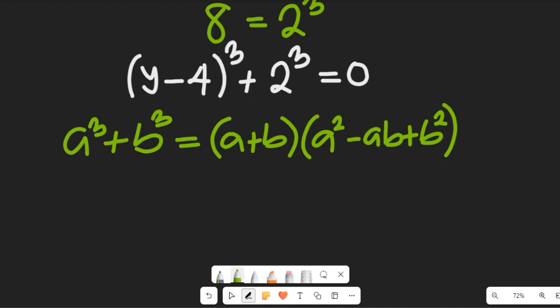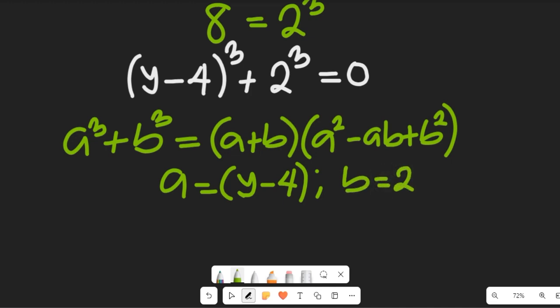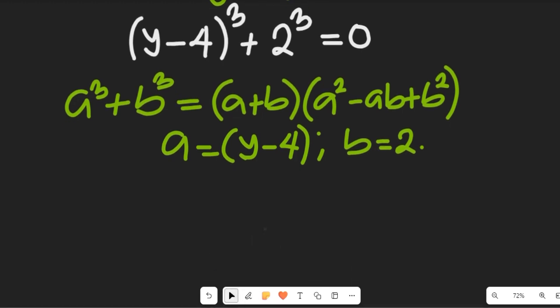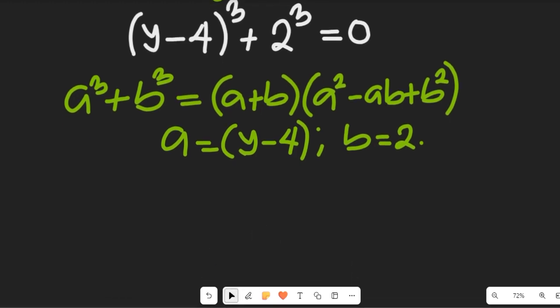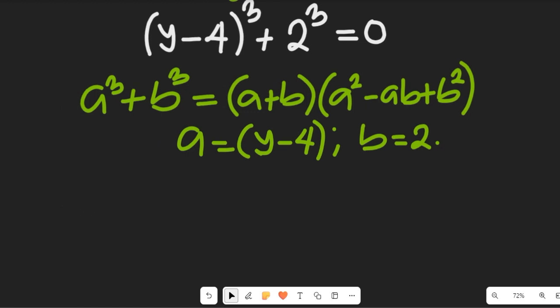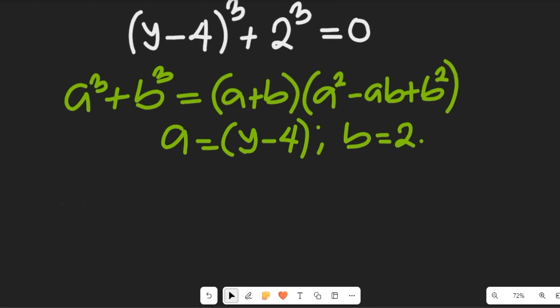So from this expression, you can see that a represents y - 4, and b is equal to 2. So we are going to simplify that by putting the values of a and b into that main expression.